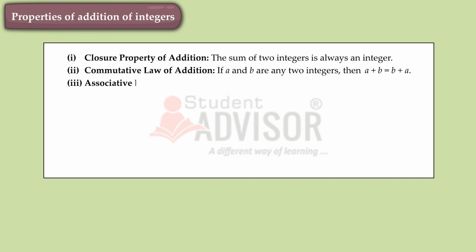Associative law of addition: if a, b, c are any three integers, then the sum of a and b, plus c, is equal to a plus the sum of b and c.